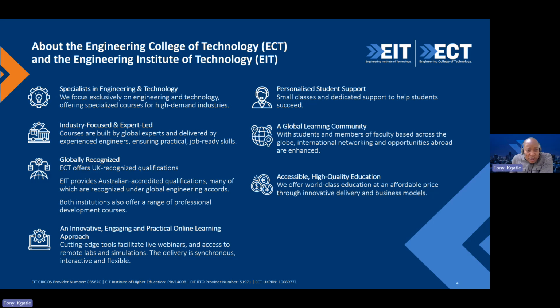ECT offers UK-recognized qualifications, whilst EIT provides Australian-accredited qualifications, many of which are recognized under the Global Engineering Accord. Both institutions also offer a range of professional certificates, which are short programs, normally ranging from three months in duration.